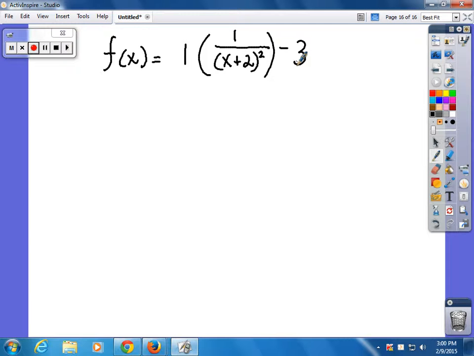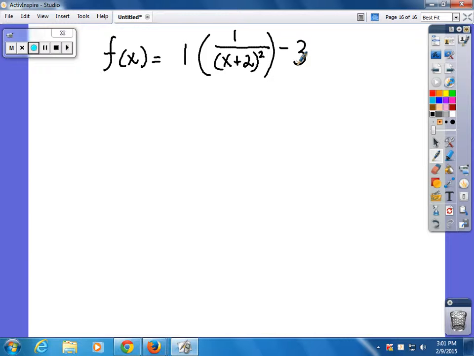Which parent graph is it? The other B. Not vodka, but what? Volcano. Why is it the volcano? Because it falls in the 1 over what? X squared. 1 over x squared.